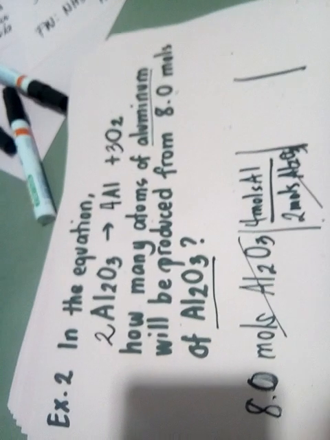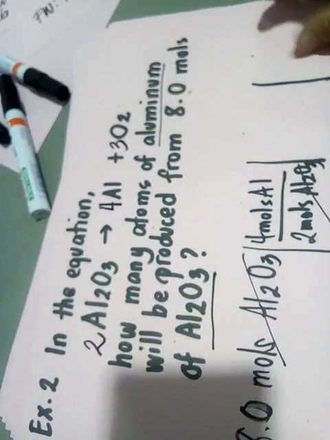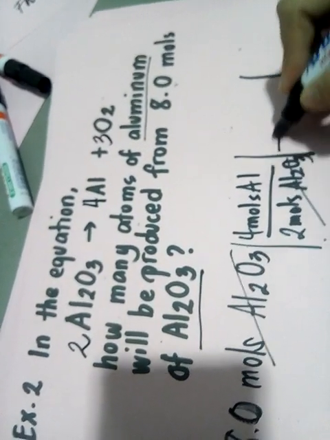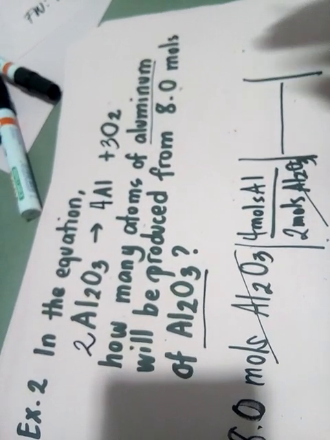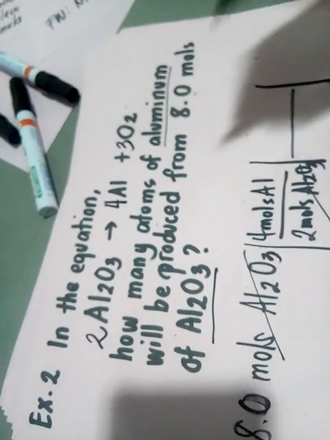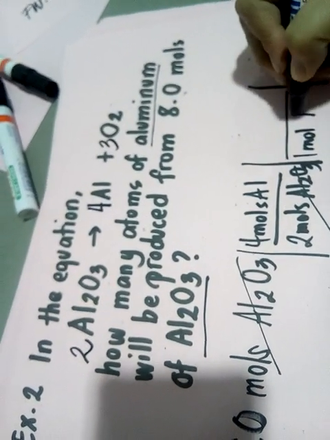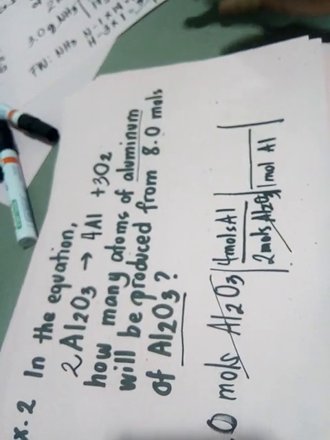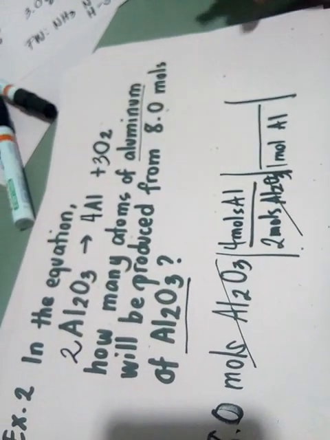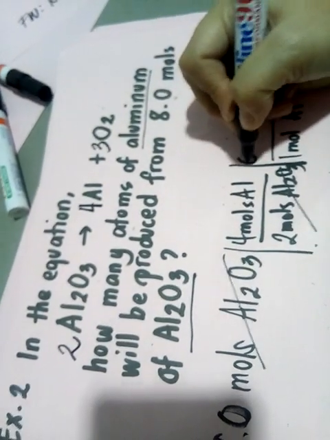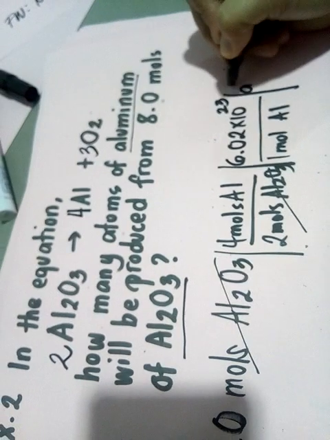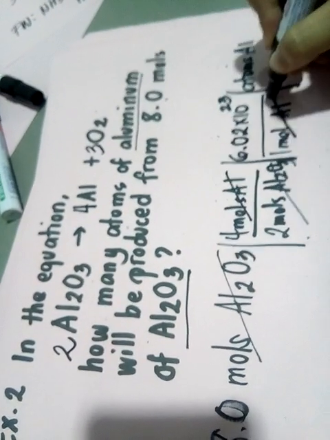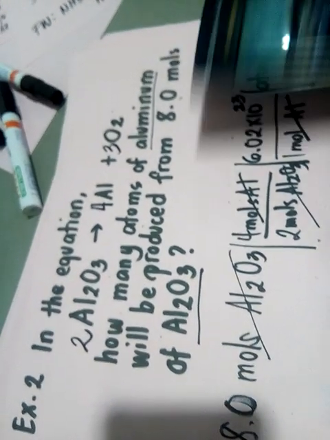However, we are looking for atoms. Since aluminum is an element, its particles would be atoms. So for every 1 mole of aluminum, how many particles or atoms? Yes, we use Avogadro's constant, 6.02 times 10 raised to 23 atoms of aluminum. So this cancels, and we now have our equation.